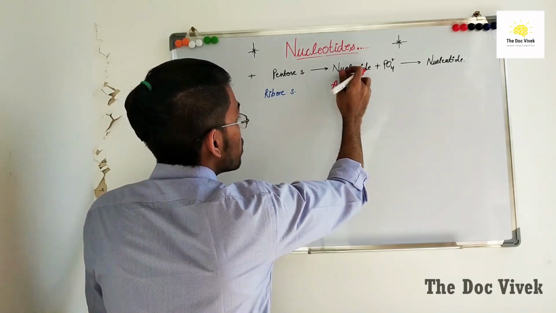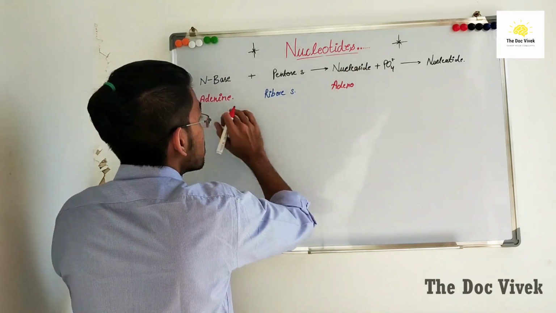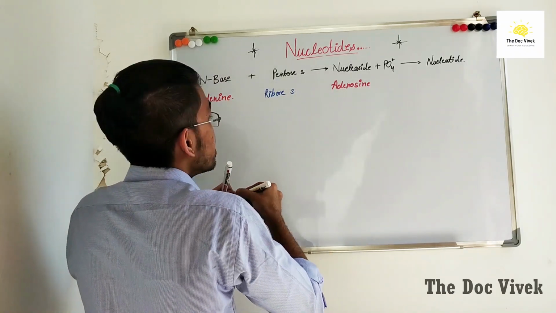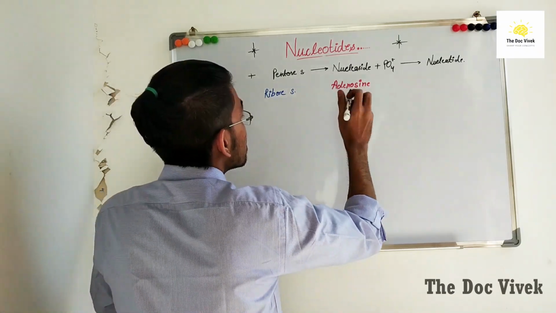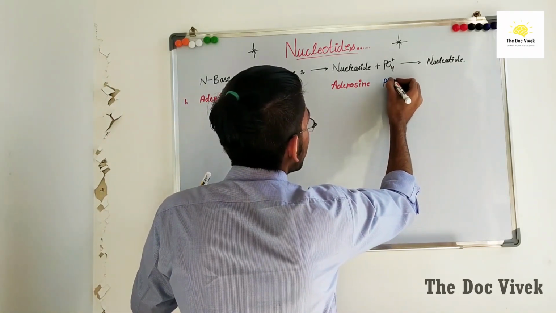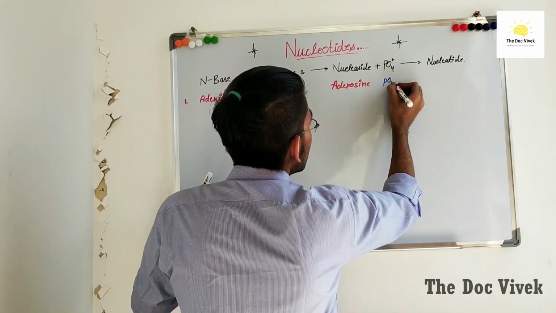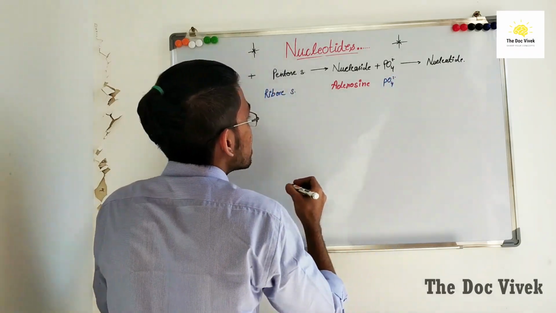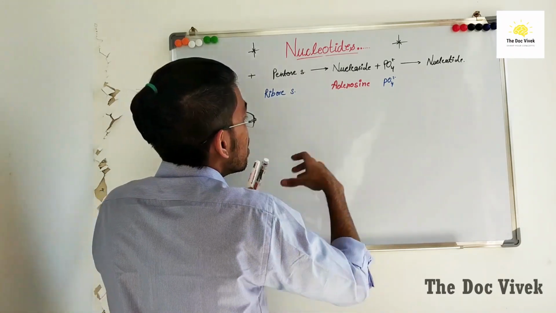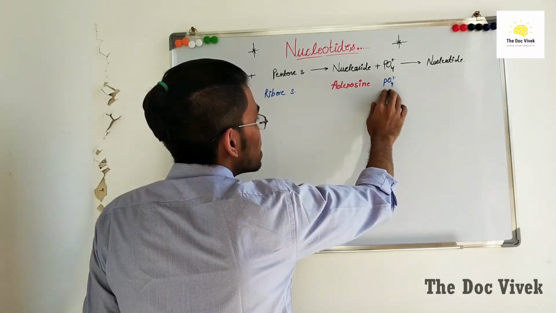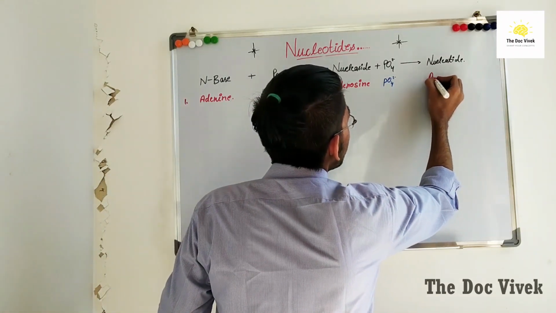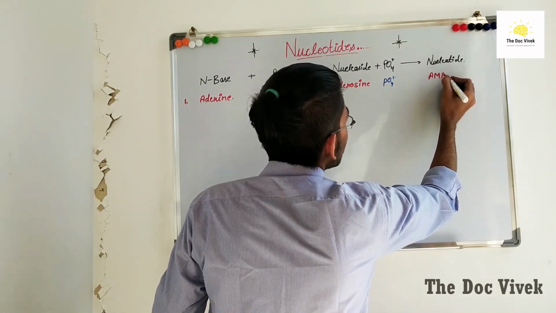Learn the names of these nucleosides. Nucleoside is adenosine. And now if this adenosine is further added with a phosphate group, or if I say phosphorylation of the adenosine takes place and one phosphate group is added, then it forms adenosine monophosphate.